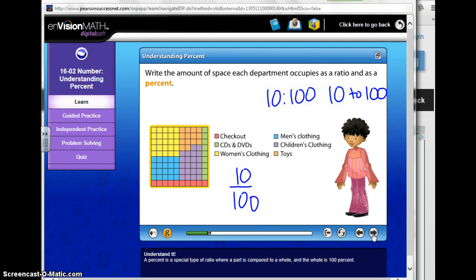So now we can take this and we can turn it into a percent. Cole says it means 10%, and he's right. That red line down there, that's one whole row. Speaking of which, there are 10 rows of 10. So that makes it really easy to figure out on a 100 square grid. Good job.